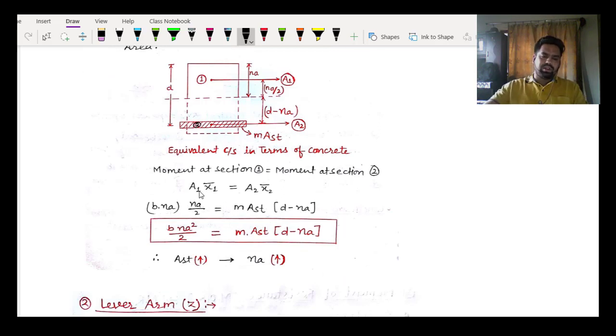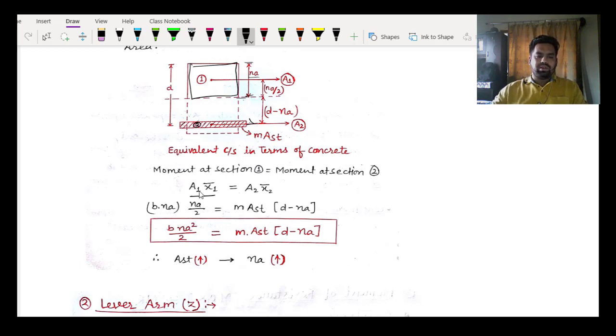So the equivalent cross section I have drawn here has a depth from the top to the neutral axis NA, the actual depth. Okay, and the remaining depth from the neutral axis to the CG or center of gravity of steel will be d minus NA. So by putting the formula for moment of area on both sides of the neutral axis, we get A1 x1 bar equal to A2 x2 bar.